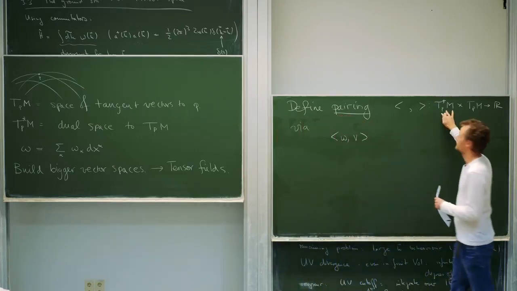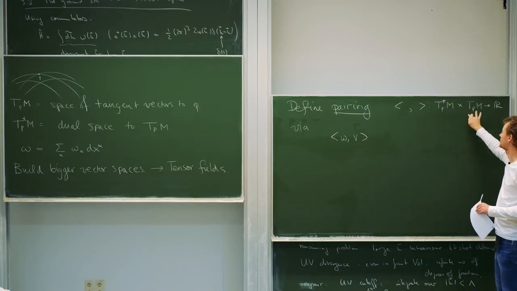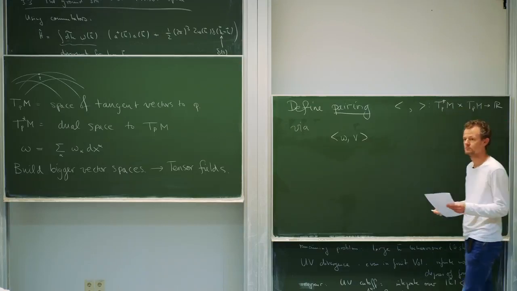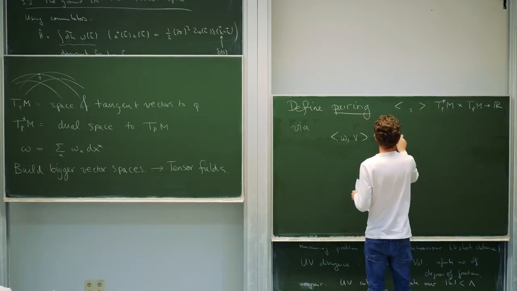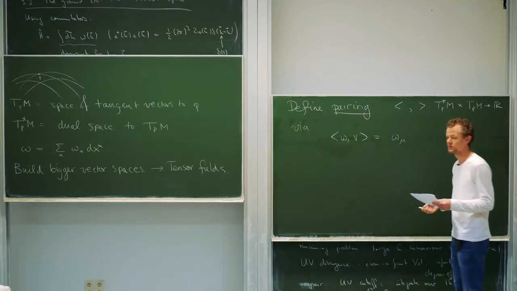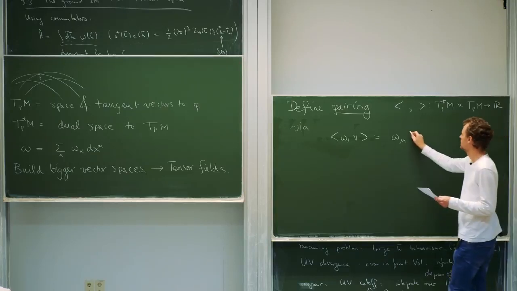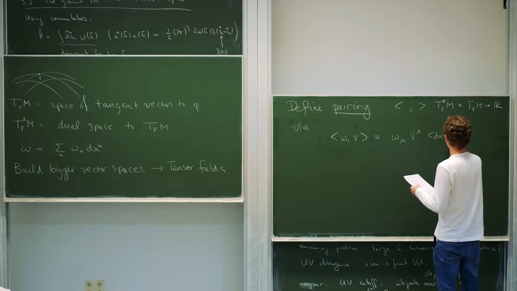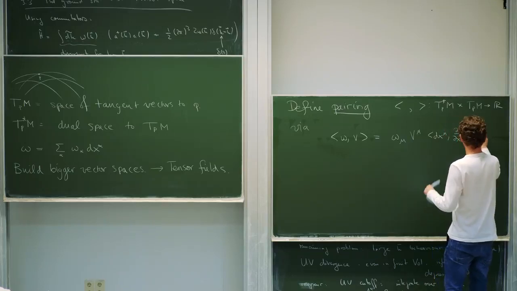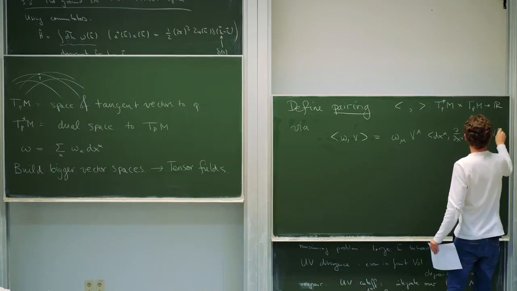So it eats a cotangent vector and it eats a tangent vector and gives you a number. And what number does it give you? Well, if you go to a coordinate chart, then it's just precisely that number there.